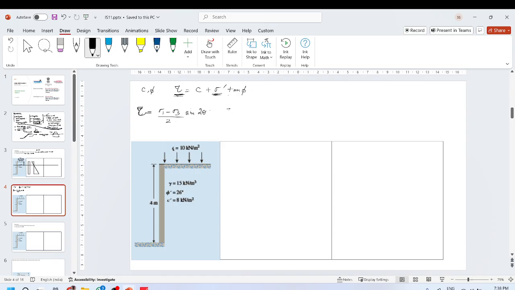Then you have sigma n equals sigma 1 plus sigma 3 by 2 plus sigma 1 minus sigma 3 by 2 cos 2 theta. And you have theta is equivalent to 45 plus phi by 2, isn't it?